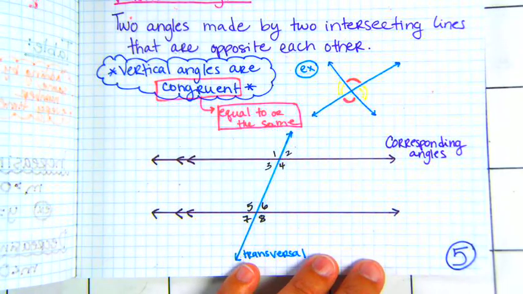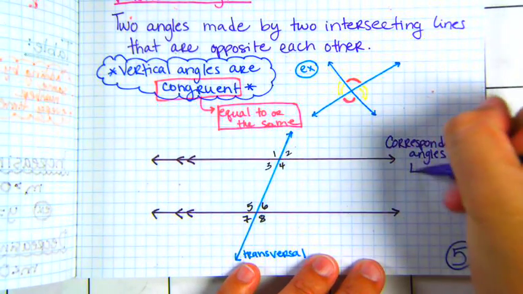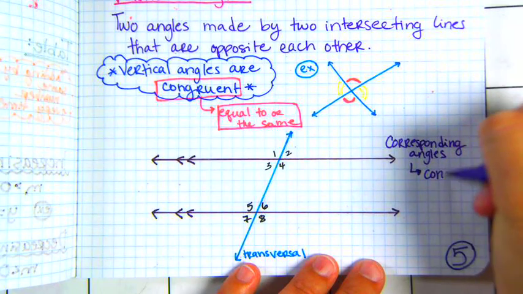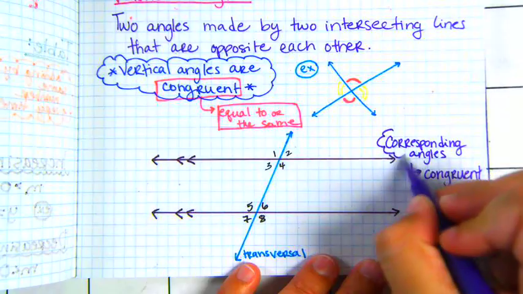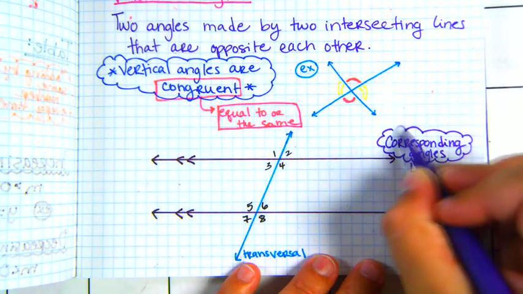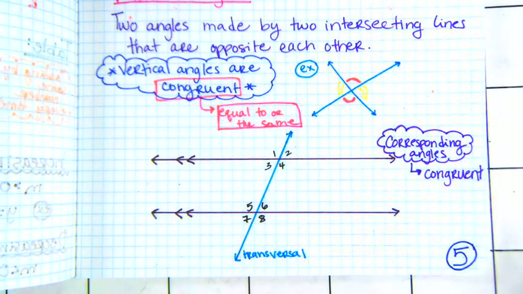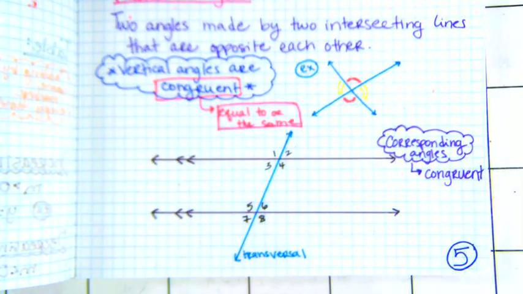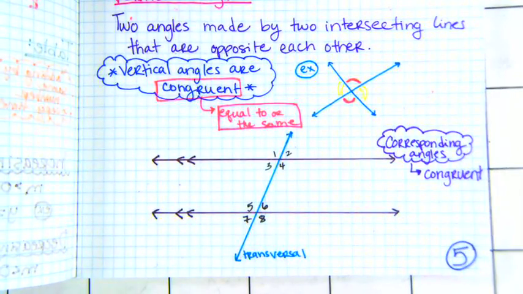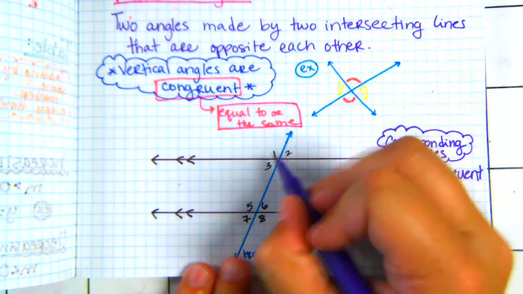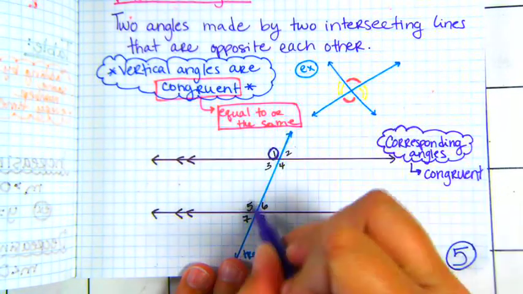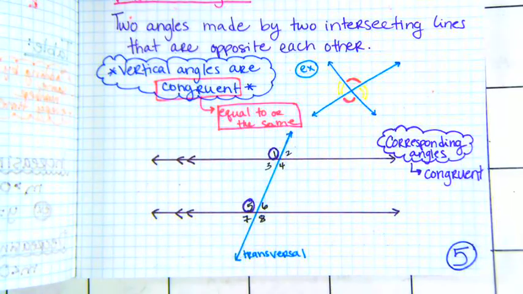Okay, so corresponding angles, first off, they are congruent. Now, when you have corresponding angles, you know they are corresponding because if you slide them up and down, they line up with each other. So for example, angle 1 and angle 5 are corresponding angles.